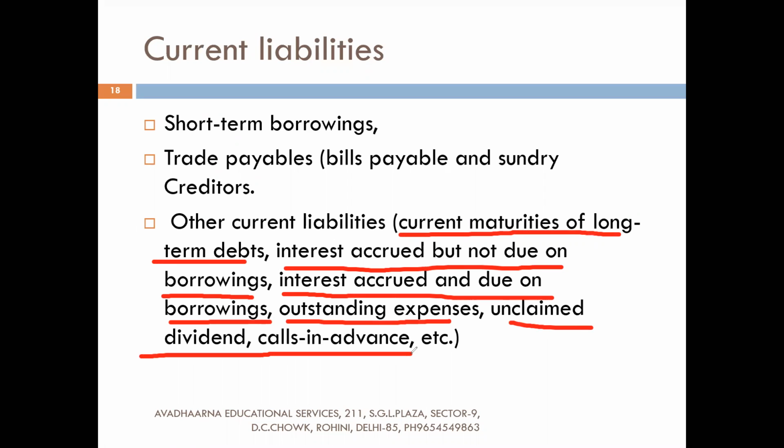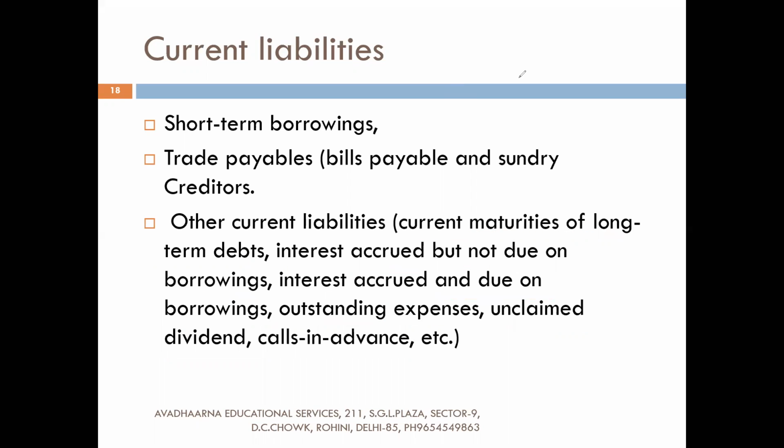We had discussed each of these current liabilities when we were discussing the chapter financial statements of a company. And the last current liability to be included in your current liabilities for the purpose of calculation of current ratio are short-term provisions.